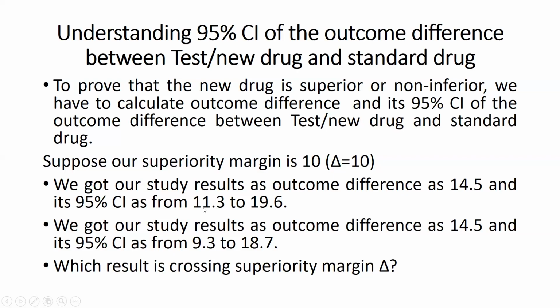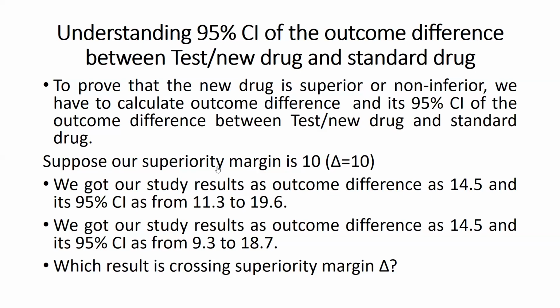So when we are going from 11.3 to 19.6, please tell me, is 10 coming or not? No. Not. Very good. So it means we are not crossing 10. Please don't look at the difference 8.3.